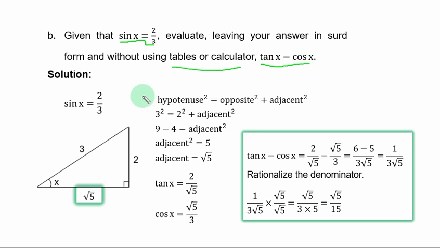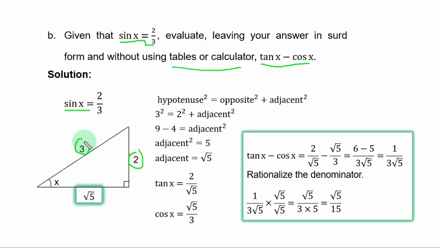But from sine, we have opposite over hypotenuse. To get adjacent, you need to draw a right angle triangle using the information about sine. So this is the acute angle, 2 is the opposite, and 3 is the hypotenuse.